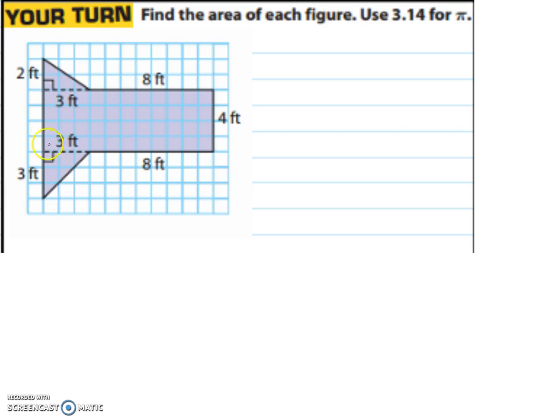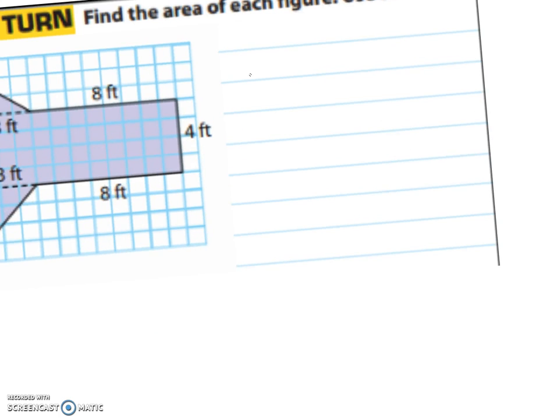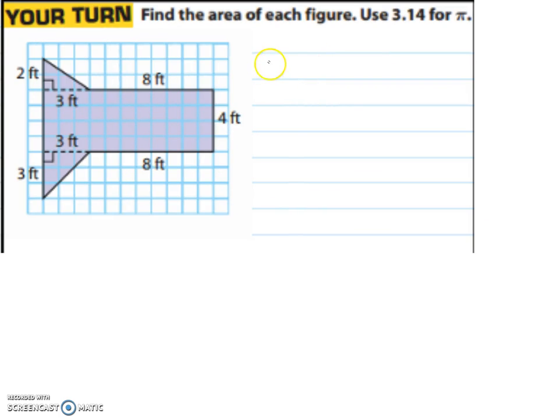Okay, I would say we have a rectangle here, and then we have two smaller triangles. So with the rectangle, we have area equals length times width, or base times height.